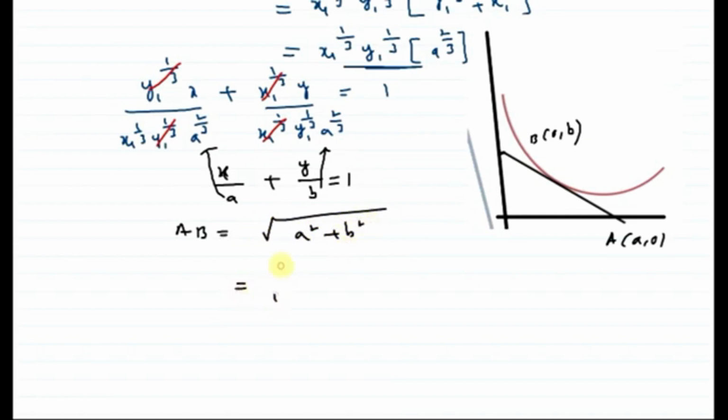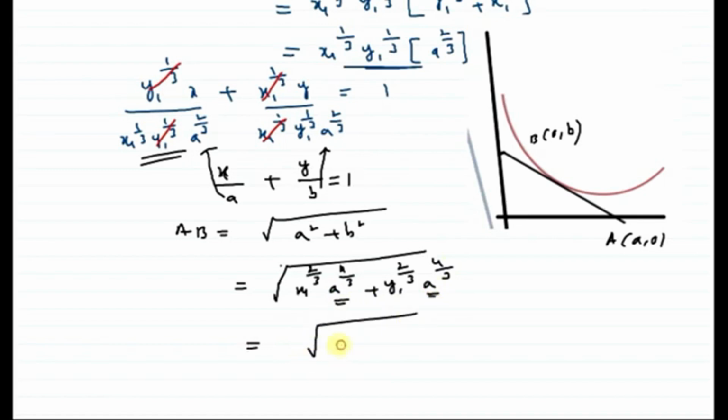On simplifying, a square means this particular term, x1 to the power of 2 by 3 into a to the power of 4 by 3, plus b square means y1 to the power of 2 by 3 into a to the power of 4 by 3. So in these two I can take a to the power of 4 by 3 common, and the remaining terms are x1 to the power of 2 by 3 plus y1 to the power of 2 by 3.